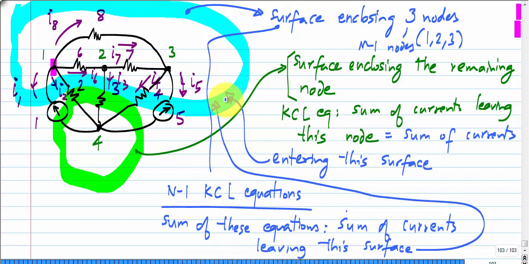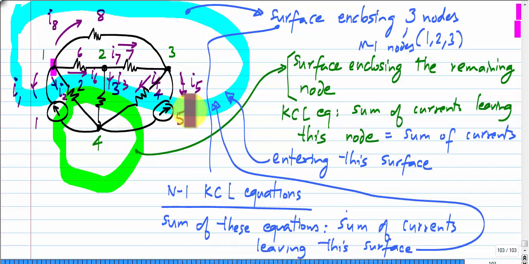That is because the n minus 1 KCL equations will have currents going between nodes inside the same surface. Those will get cancelled out, because when you write it for node 1, it will appear with one sign, when you write it for node 2, it will appear with another sign. So, when you sum all the equations, the only things that will be left are the actual currents going out of this surface.